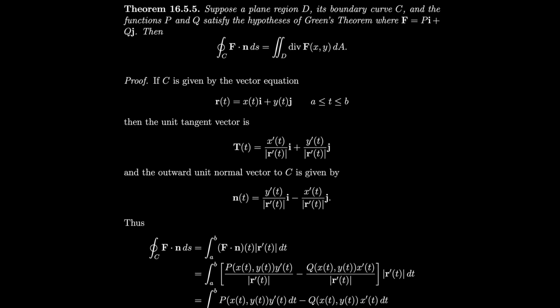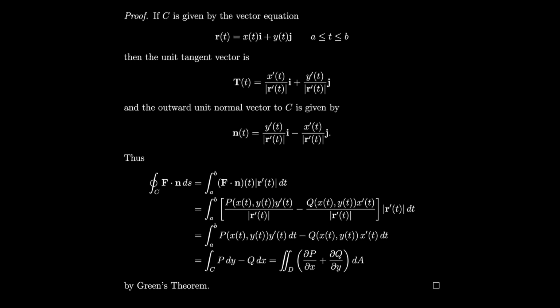So that means that if we're taking the line integral of F dot n ds, we parameterize with respect to t. So ds becomes the length of r prime of t dt, and then F dot n is just P times y prime, because that's what we said n was, and Q times negative x prime for the j component, and we divide by the length of r prime, and we still have the length of r prime dt.